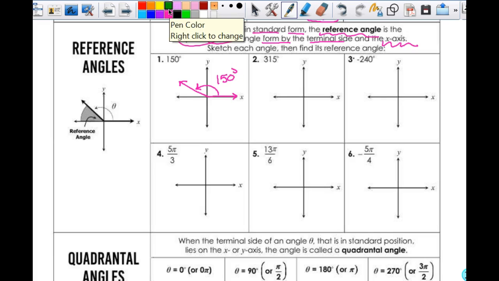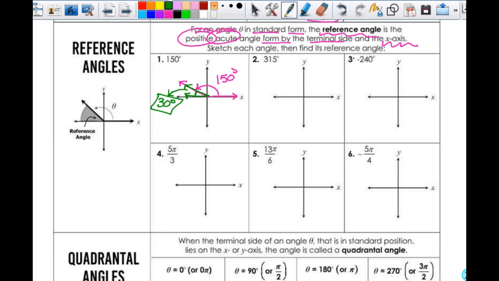The reference angle is created by the terminal side, this side right here, and the x-axis. So this right here is my reference angle, and it would be 30 degrees. It doesn't matter which direction you go to get to that axis, it is always positive, and it is always acute. That would make it supplementary, right? Supplementary, yep, sure would.